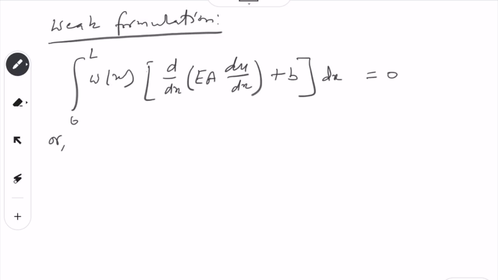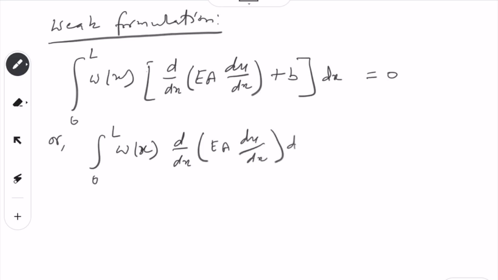Here we are going to expand it: 0 to L W x d over dx E A du over dx plus B x dx equal to 0.